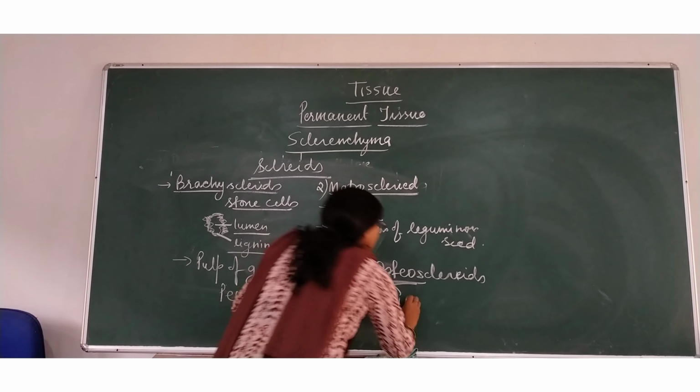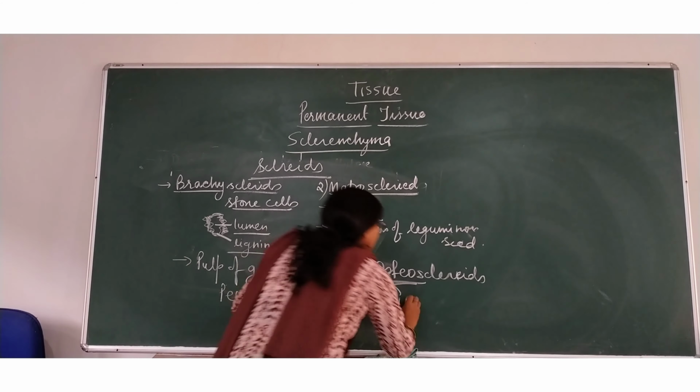And the fourth one is asterosclereids. They look like stars, and their walls are also thick and deposited with lignin. Inside, the lumen is found. Asterosclereids are found in tea leaves.